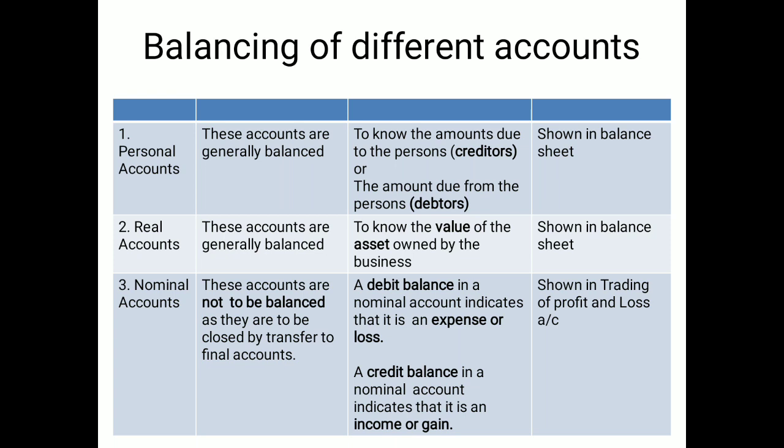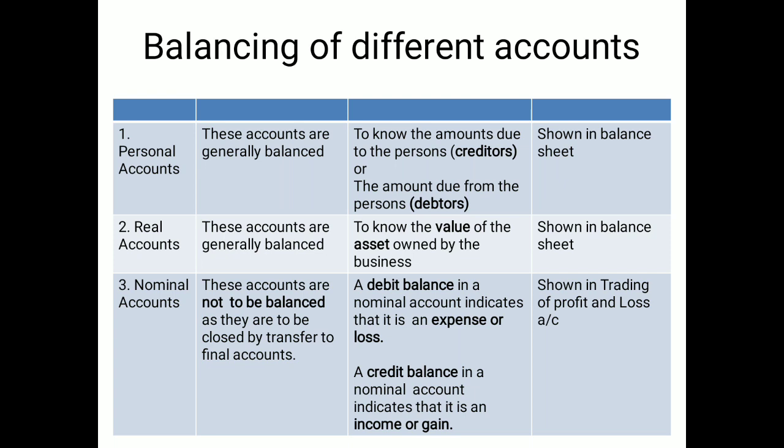Now the nominal account: these items are not to be balanced. These items are transferred to the final accounts, directly to the trading account or to the profit and loss account. A debit balance in a nominal account is called an expense or loss, and a credit balance is called a gain. They are shown in the trading and profit and loss account because it takes time to prepare the final accounts.